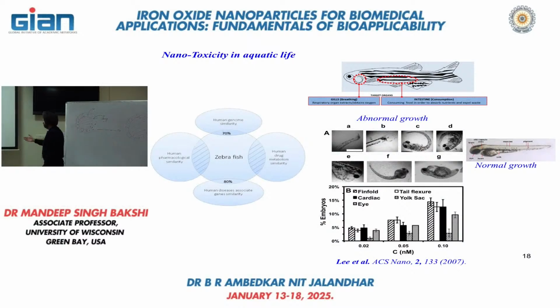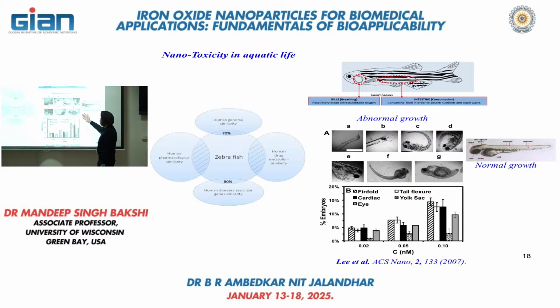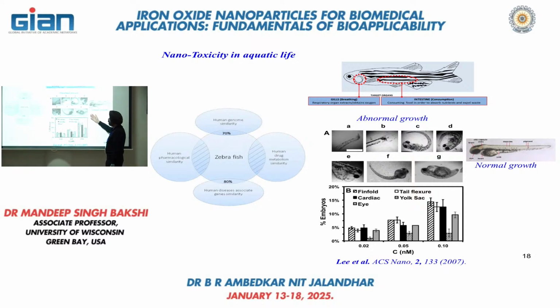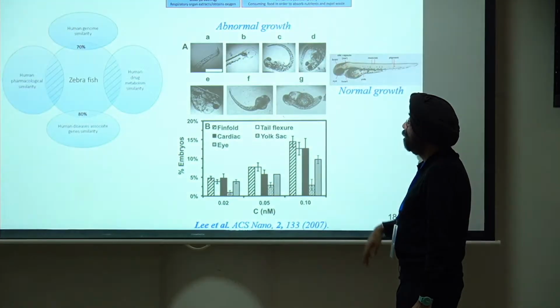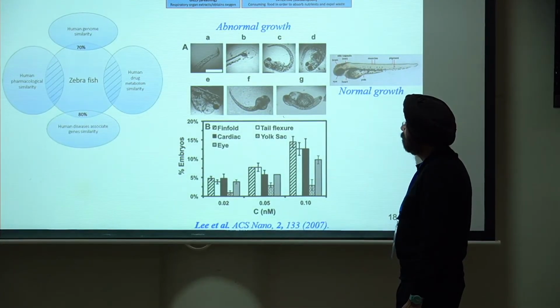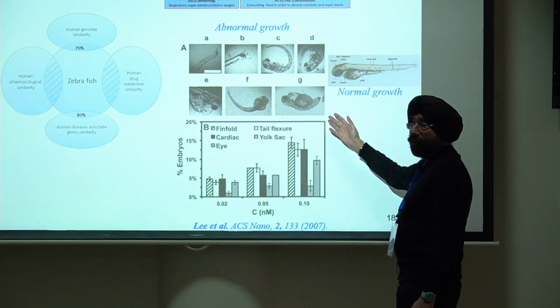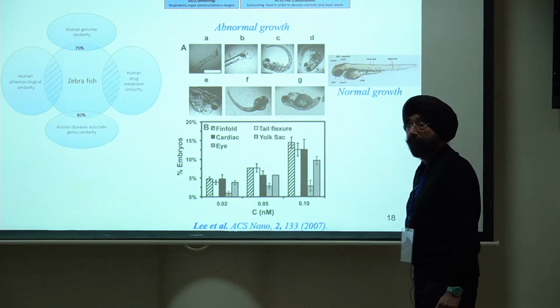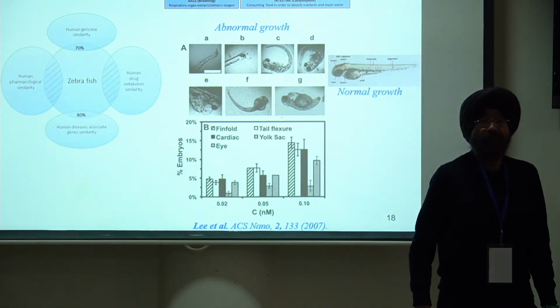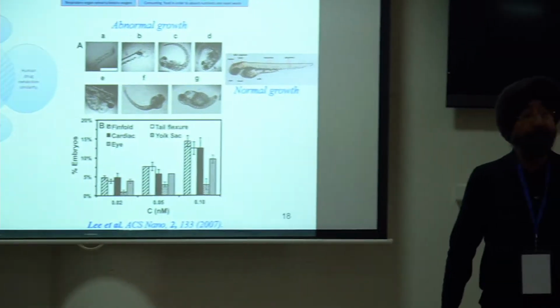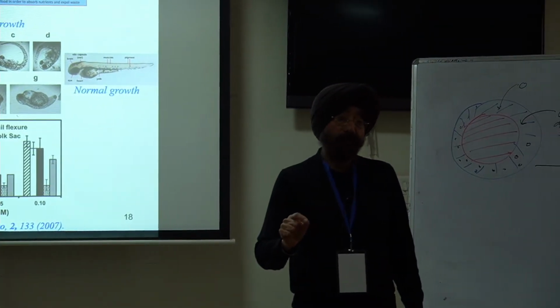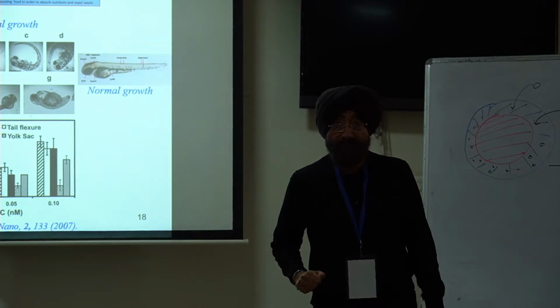So this is a clear example, and it is not just the eating of the contaminant or the nanoparticle by the organisms living in the fresh water or marine water. This is even beyond that, right? When the fresh water or the marine water is contaminated, even the growth of the fish is going to be affected.